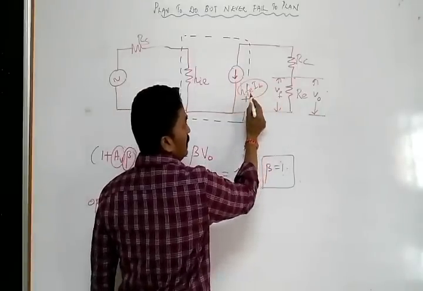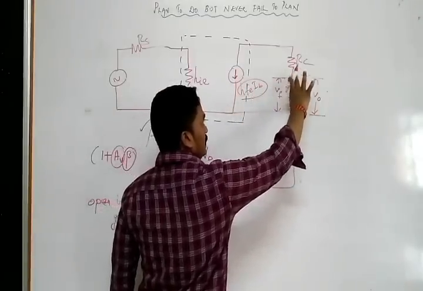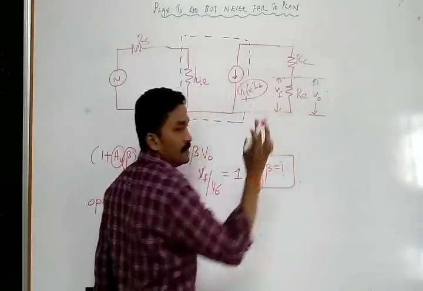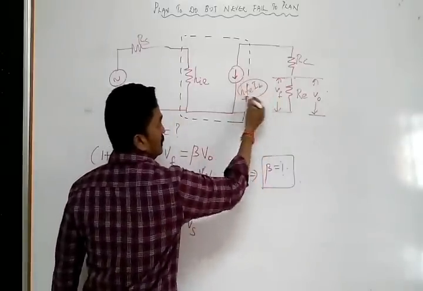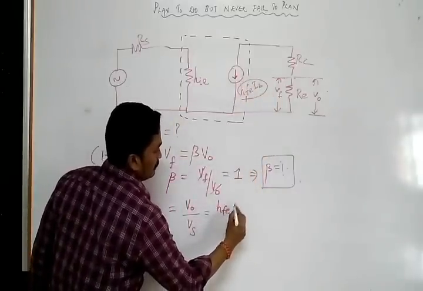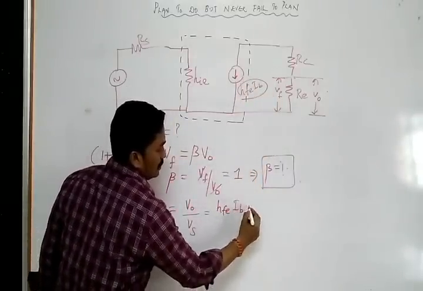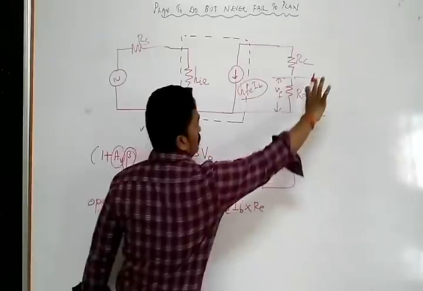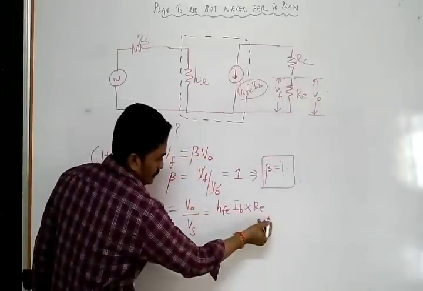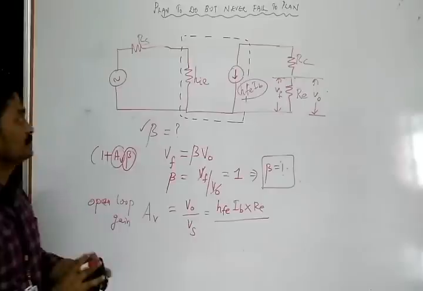So this HFE IB makes one drop across here and another drop across here. But we take the voltage across this RE resistance. So the current HFE IB into the resistance RE, I into R, will give you V0 output, divided by Vs.